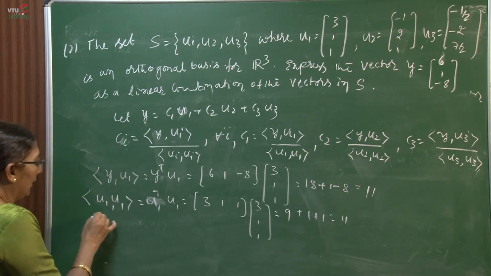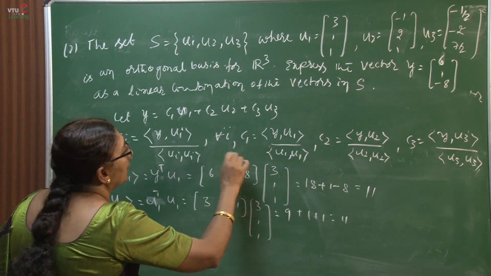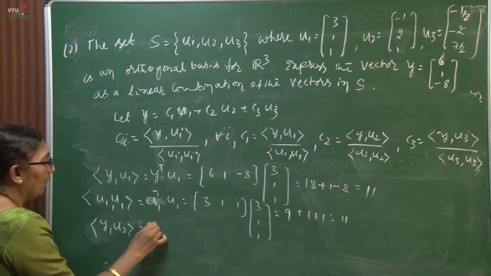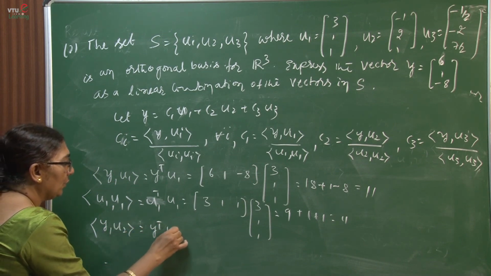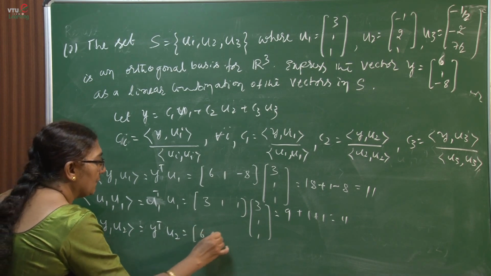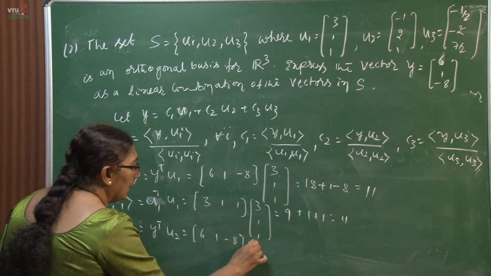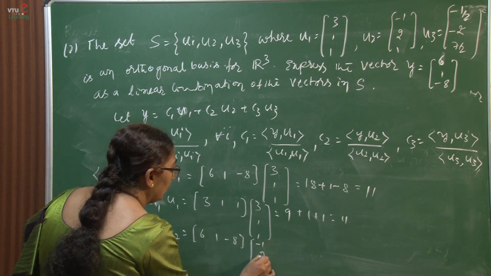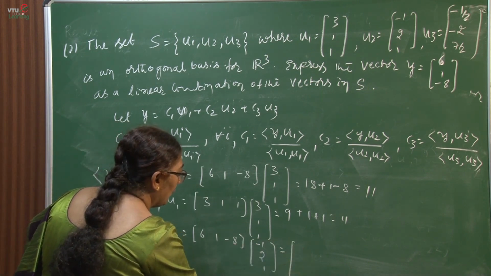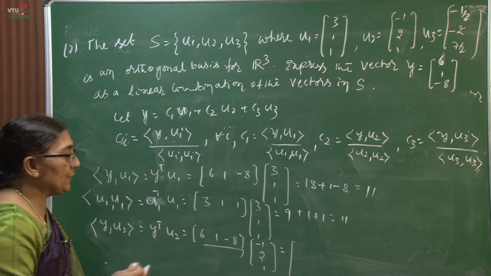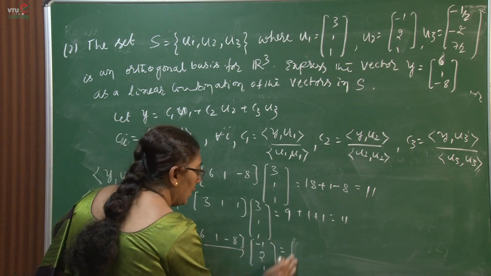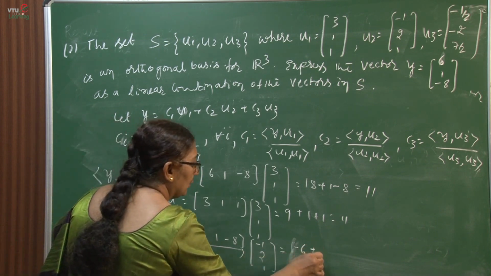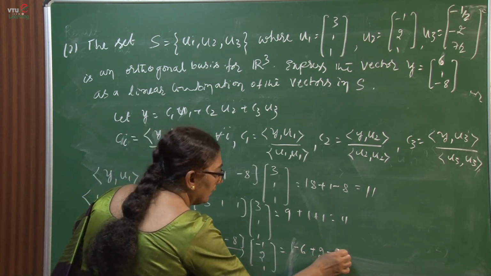Now find the inner product of Y comma U2. That is Y transpose times U2: (6, 1, minus 8) times U2, where U2 is (minus 1, 2, 1). Multiply row into column: 6 times minus 1 is minus 6, 1 times 2 is 2, minus 8.